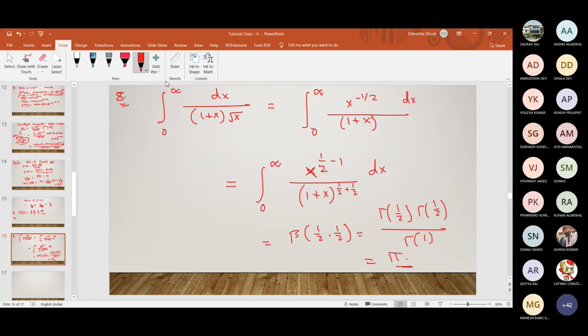Is it? And there is a property for the beta function, something like that, I think beta mn equals integration 0 to infinity x to the power m minus 1 by 1 plus x to the power m plus n dx.